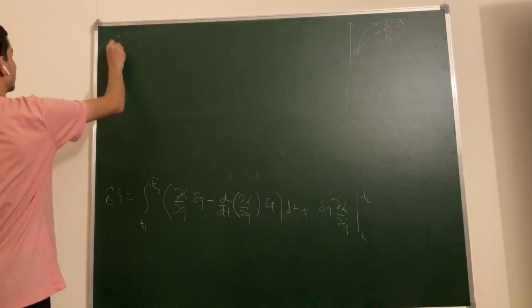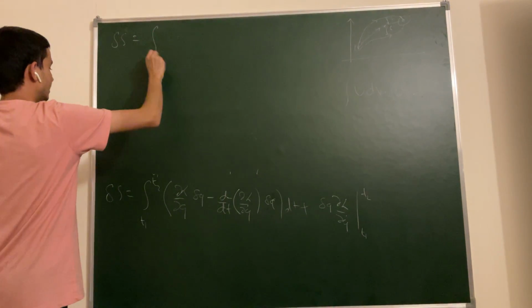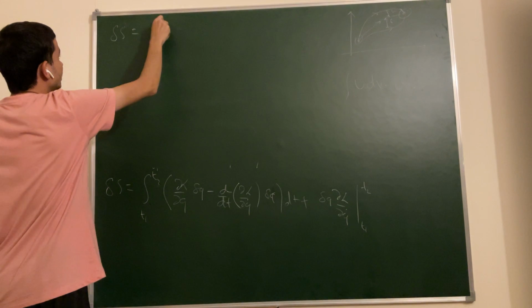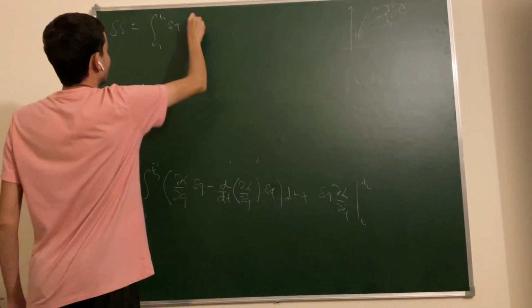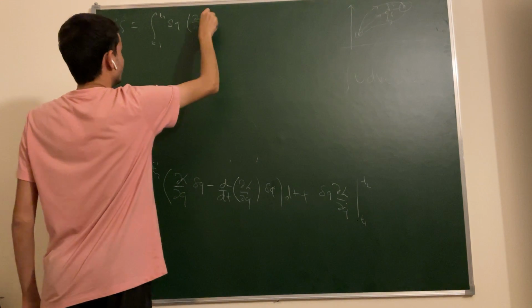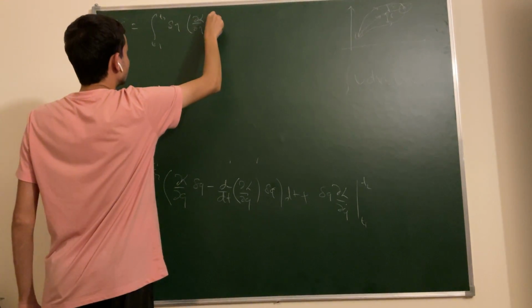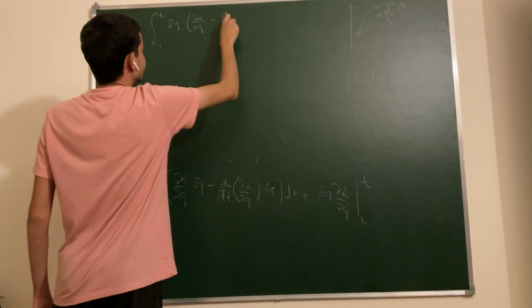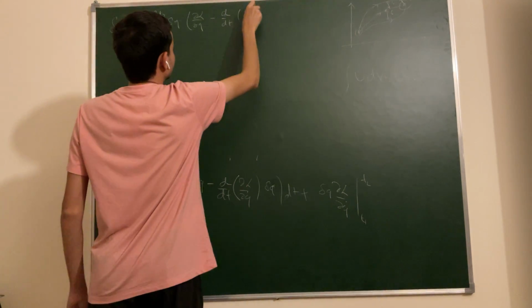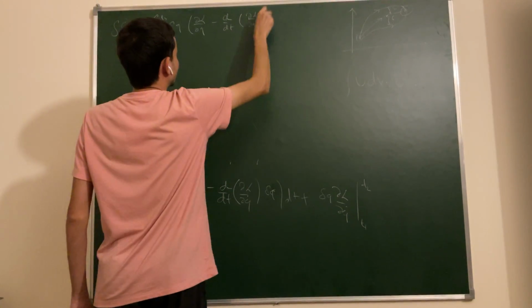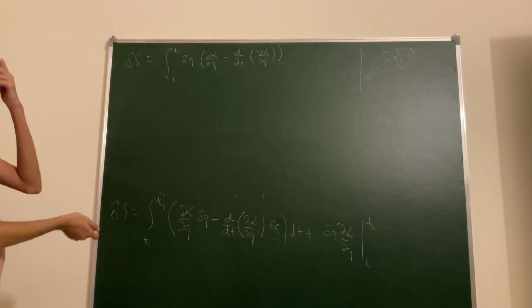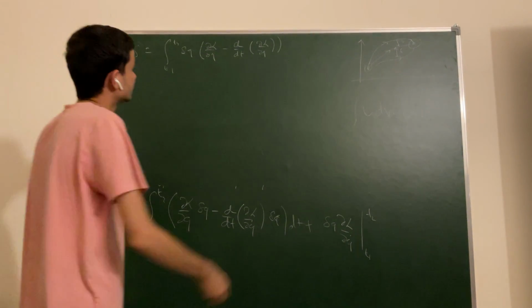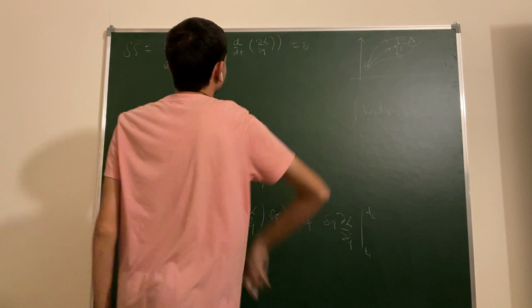So I am essentially left with delta S equals the integral from T1 to T2 of delta Q times del L upon del Q minus d upon dt of del L upon del Q dot. Great, done.